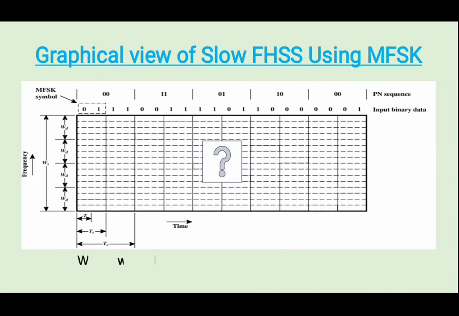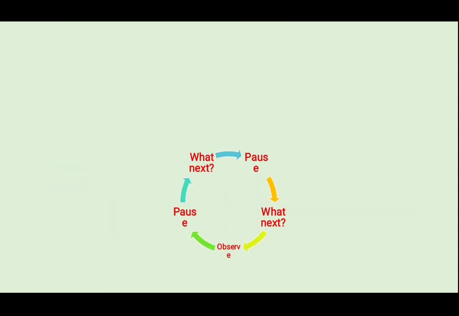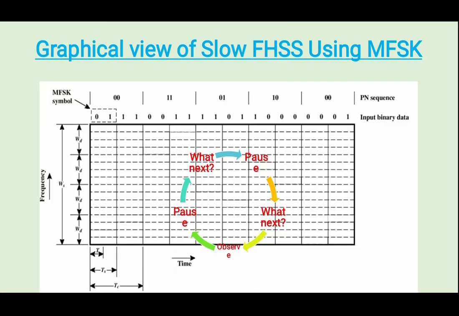The question arises, what would be the next frequency hopping pattern in the figure above? You might have got an idea where the next frequency hop is going to take place. The next frequency slot is 01, the shaded portion is highlighted, and the data are 11 and 01.